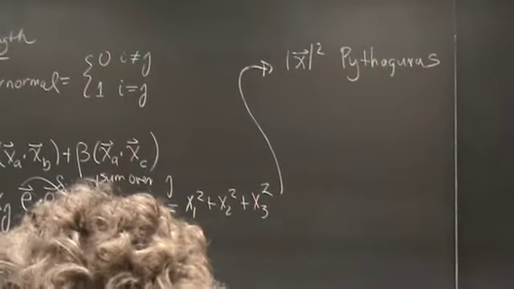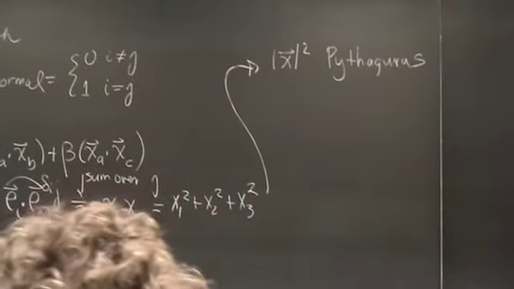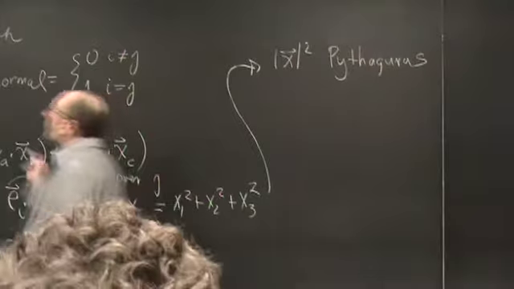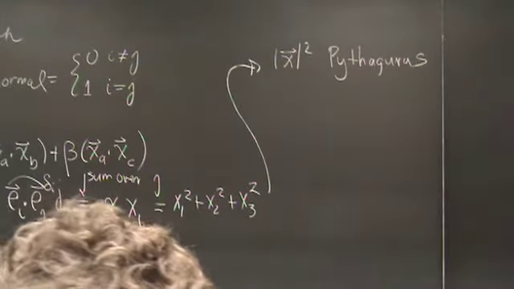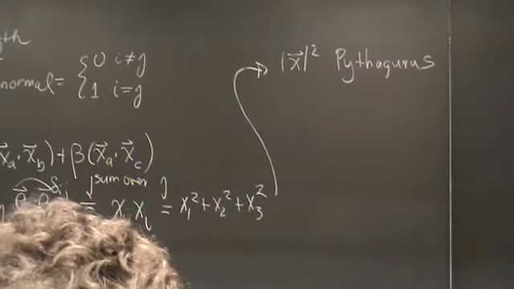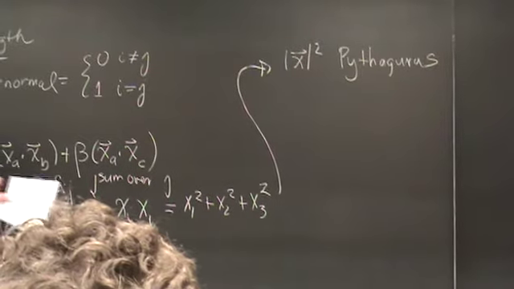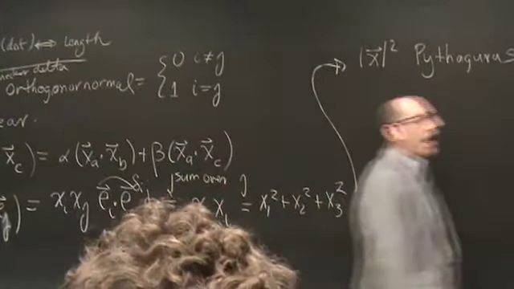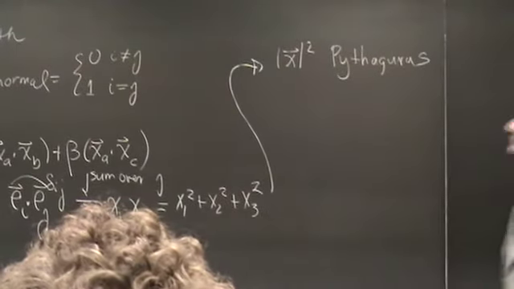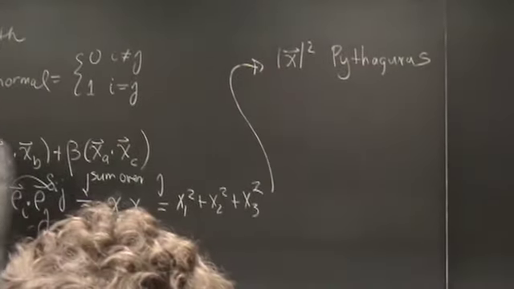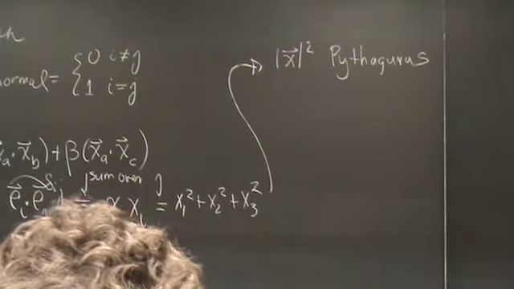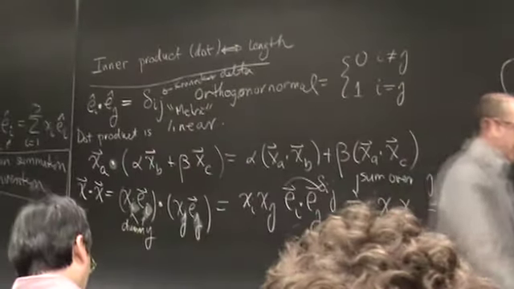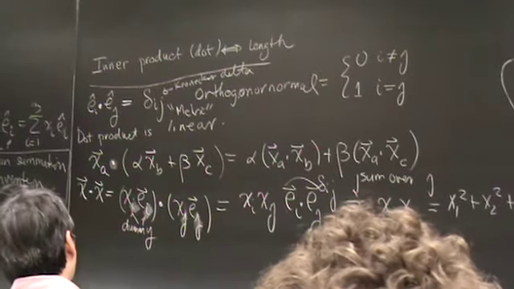So the existence of a dot product is one and the same as saying that there is a notion of length. And this defines what we call the metric on the space. That is the way in which we relate length to the coordinates.